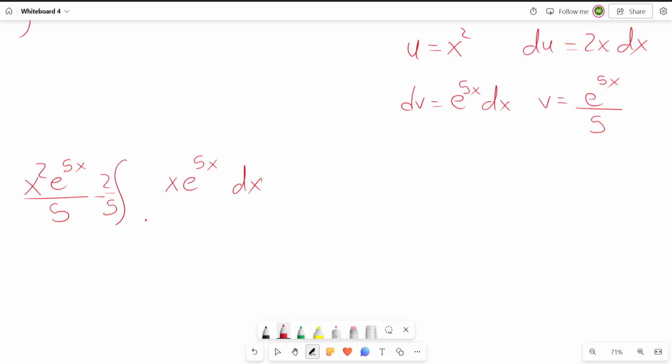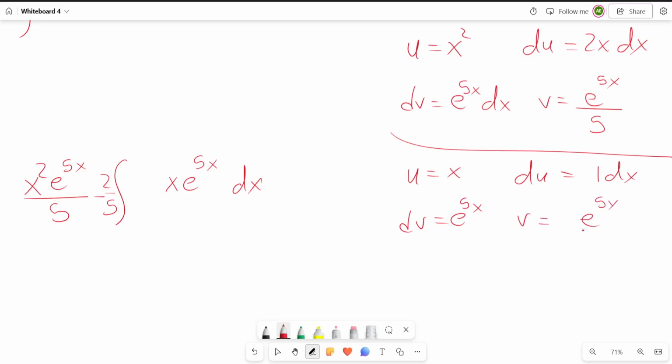Again, this part over here, I will need to use integration by parts one more time to evaluate it. So let's do that. Let's say that we choose u as x. That makes du as 1 dx. Let's choose dv as e to the power of 5x. That makes v equal to e to the power of 5x over 5 again.